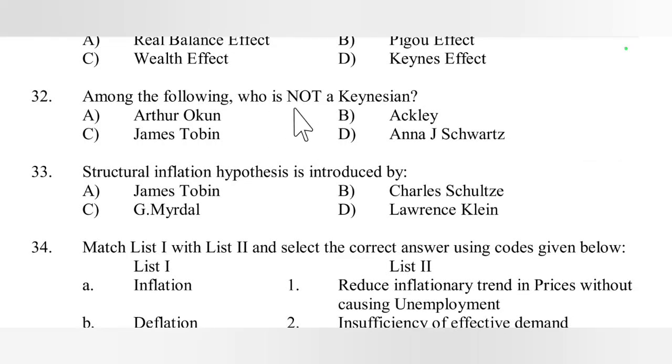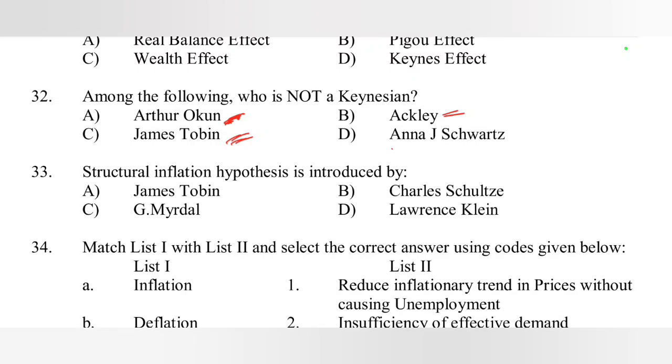Then question number 32. Among the following, who is not a Keynesian economist? Okuns, Ackley, James Tobin, and Sahoo. So Okuns is related to Keynesian economics. Ackley, then James Tobin, these all are from the Keynesian economist side. But Anna J. Sahoo was a prominent monetarist economist.